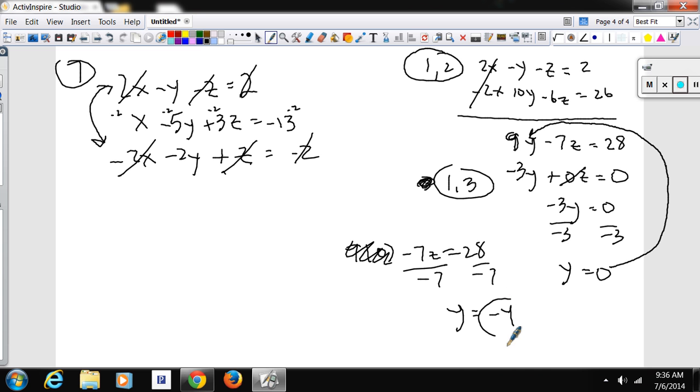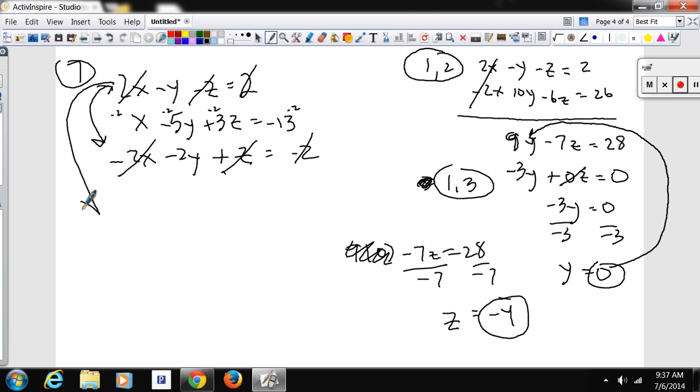Now you have y, and z is negative 4. And I'm just not with it right now, sorry guys. So now you have y is 0, you have z is negative 4. Let's plug it back into the original equation.